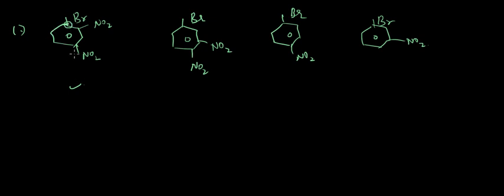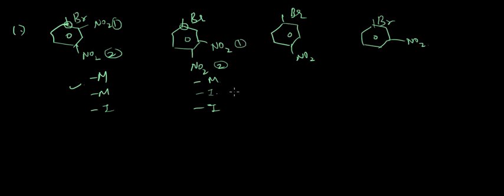This carbon atom has minus M effect from the first NO2 group, minus M effect from the second NO2 group, and minus I effect from the Br. If we talk about this carbon atom, we have minus I effect from the attached Br, minus M effect from the second NO2 group, and minus I effect from the first NO2 group.